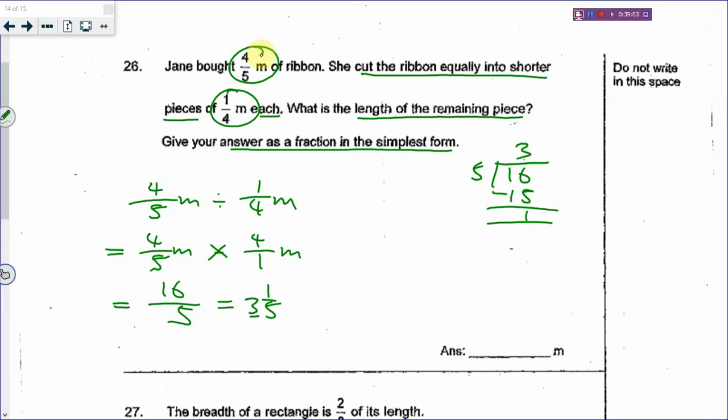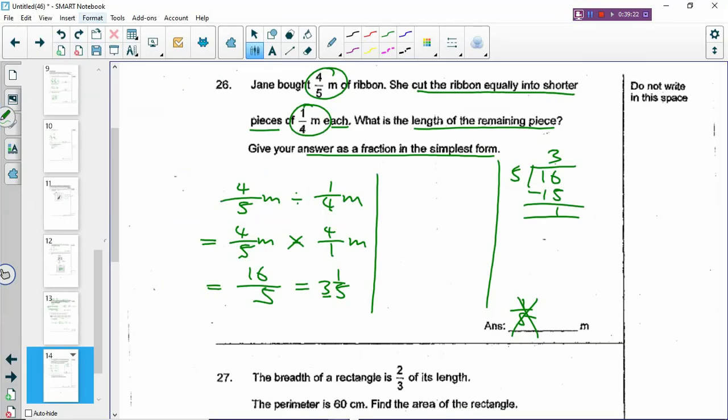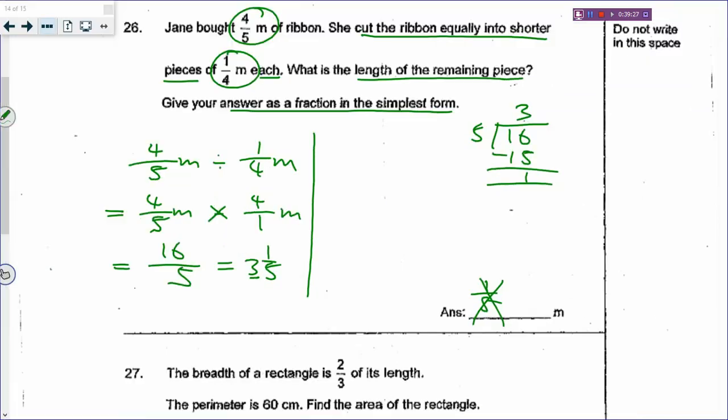And then what is the length of the remaining piece? You put your answer 1/5 meter, which I believe many of you have done, and the answer is wrong. Why wrong? Because how do you get the remaining piece or the leftover? You have to take the number of pieces, and find out how long you use to cut 3 pieces.